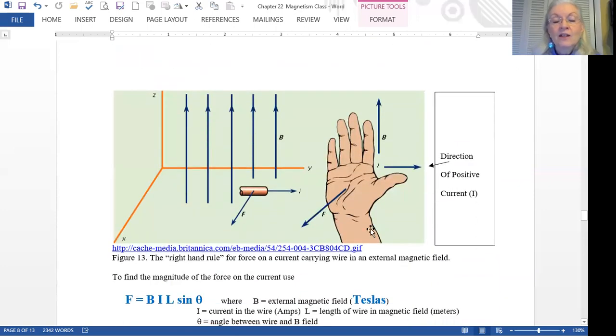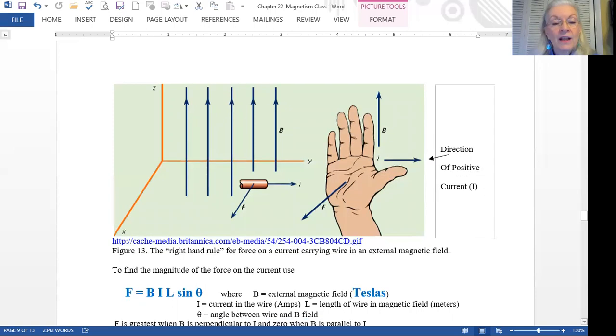So again, it's a right hand. The thumb is the direction of positive current. The fingers are that outside magnetic field. And the palm of the hand is the direction that the charge or the current carrying wire will be forced. And again, we'll deal with this in class. I think it's much easier if we work with it in class.